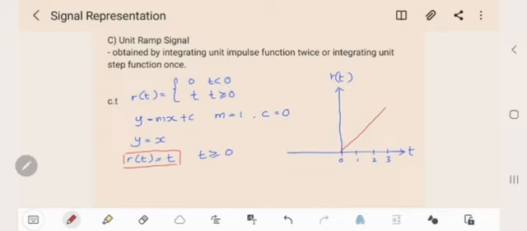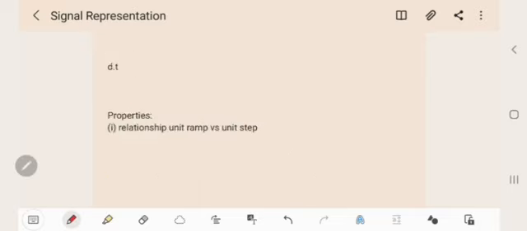This is also 3, 2, 1. The angle here is 45 degrees, because m equals 1 equals tangent 45 degrees.